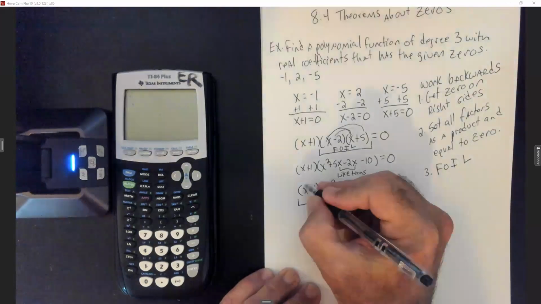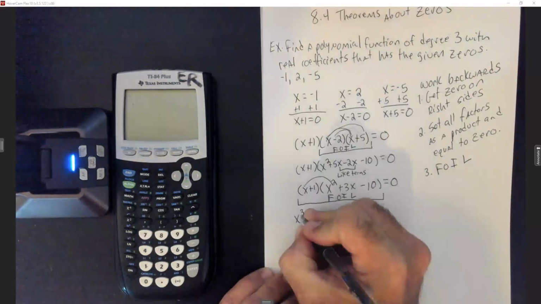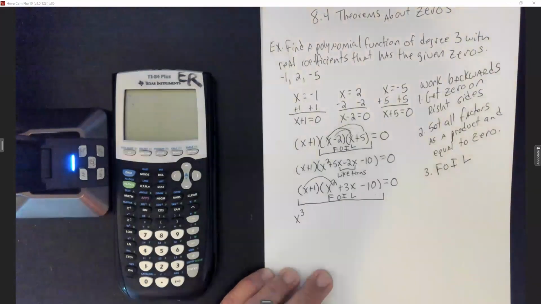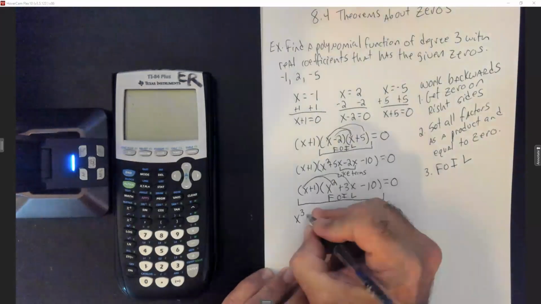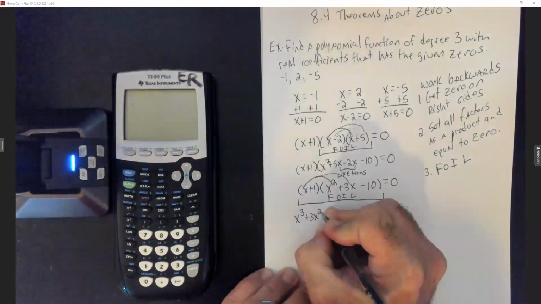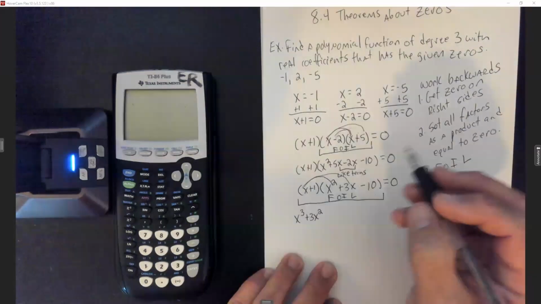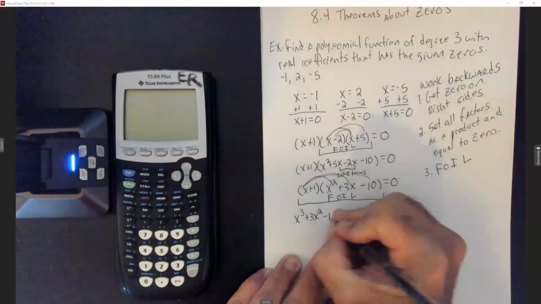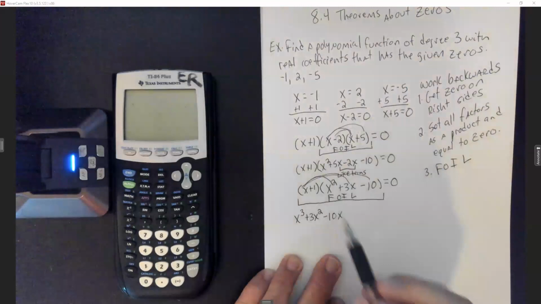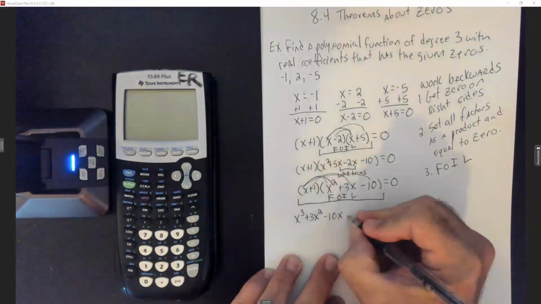So y'all watch this. x times x squared is an x to the third. x times 3x is a 3x squared. So on the x's, just add those exponents. x times negative 10 is a negative 10x. Now I go to the 1 and start distributing the 1. 1 times x squared is an x squared.